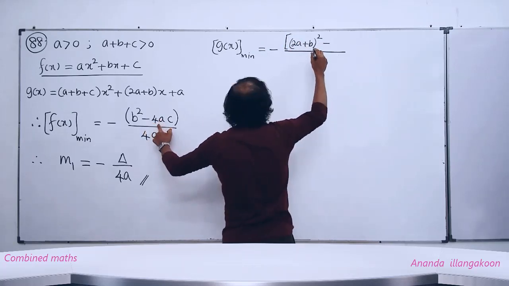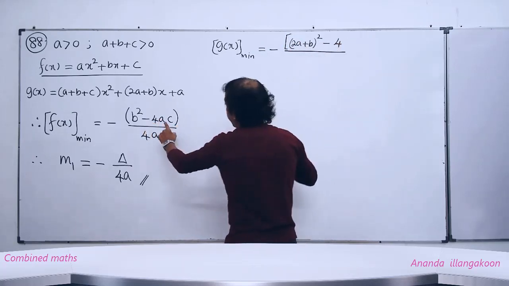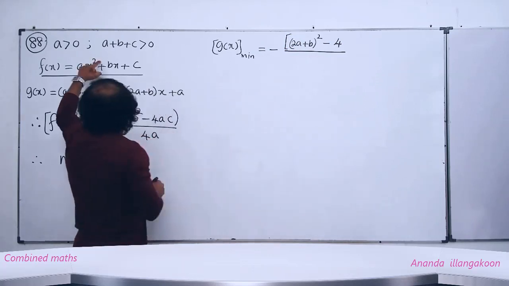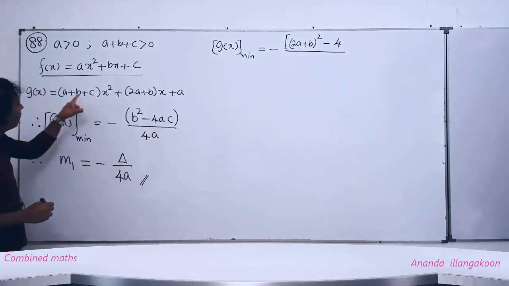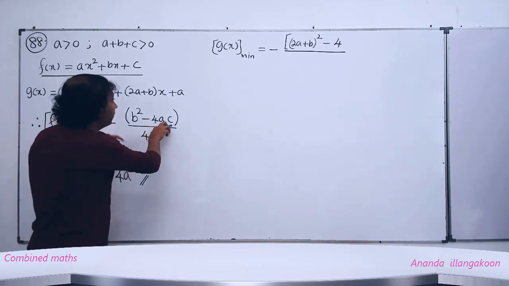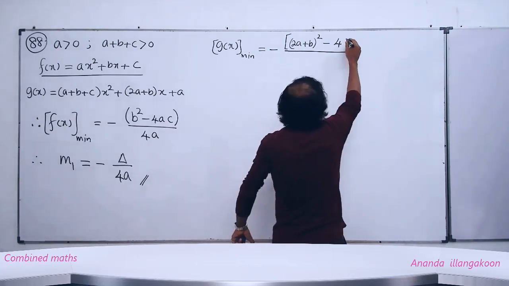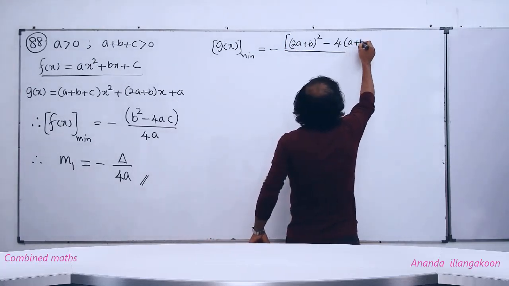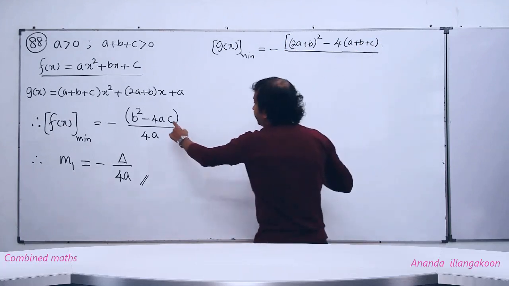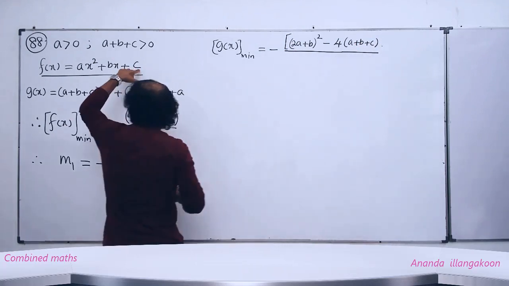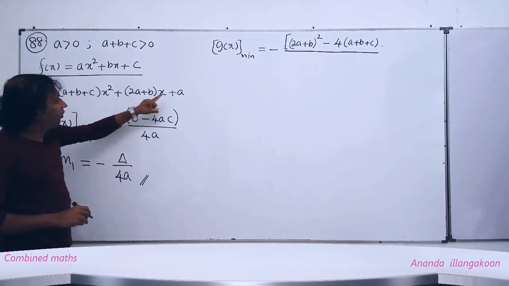Minus 4 times a, which means the x squared coefficient. But in this g(x), the x squared coefficient is this a plus b plus c. Then for the a, we must write a plus b plus c. And c is this constant term. And in g(x), c is this a.